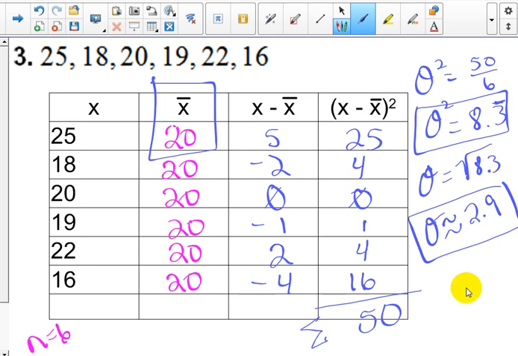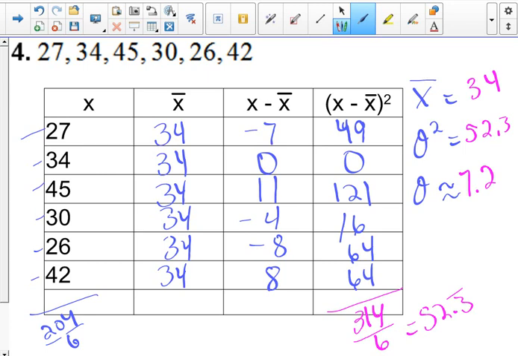Okay, so yeah, the mean was 20. The variance was 8.3. Don't forget that, because if you take off the repeating sign, then we can give it a congruency. And then the standard deviation was equivalent to 2.9. So those are correct.